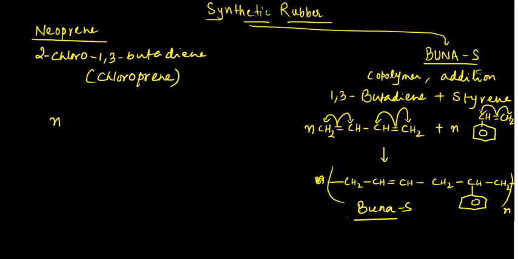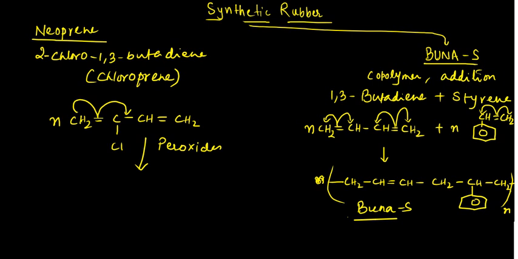So CH2 double bond C, 2-chloro. So here I will put Cl, CH double bond CH2. So this will polymerize in presence of peroxides. So in a similar fashion, CH2.